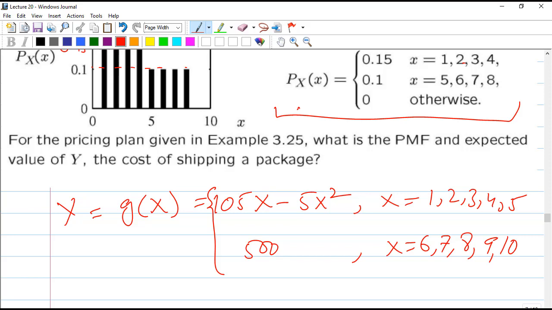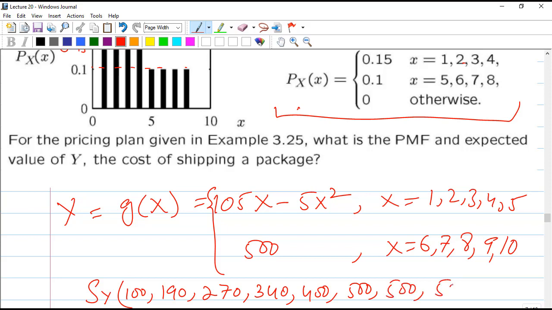If we just put these values, for 1 it is 100, if we put 2 it is 190, if we put 3 it is 270, if we put 4 it is 340, and if we put 5 it is 400, for 6 it is 500, for 7 again it is 500, and for 8 it is 500.